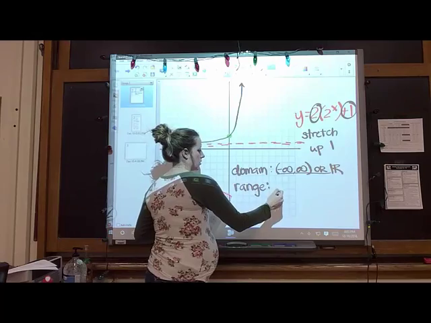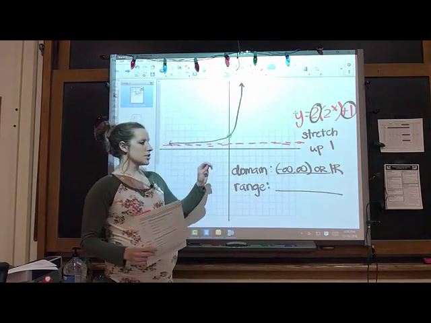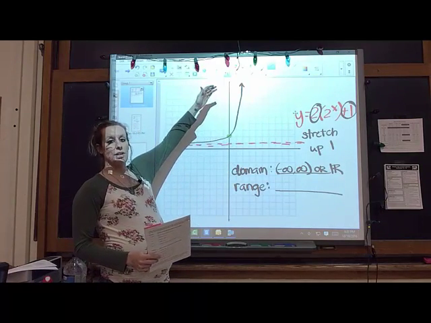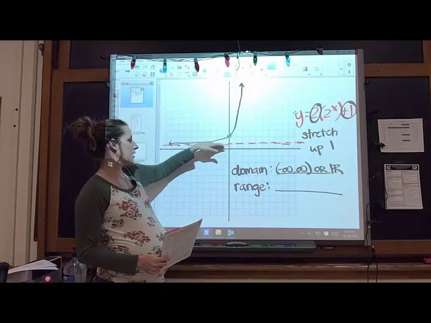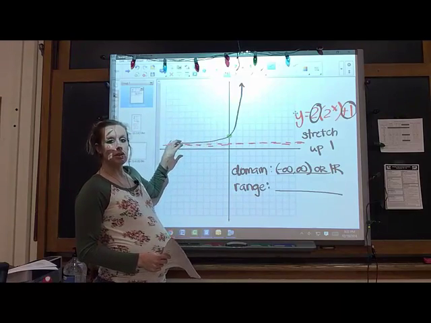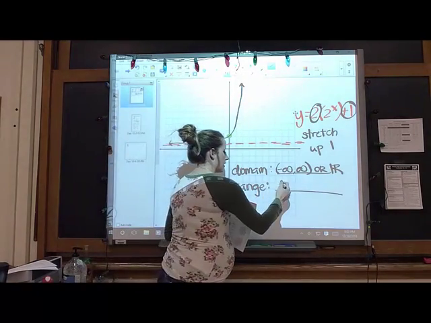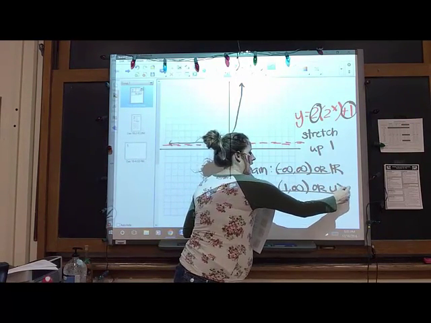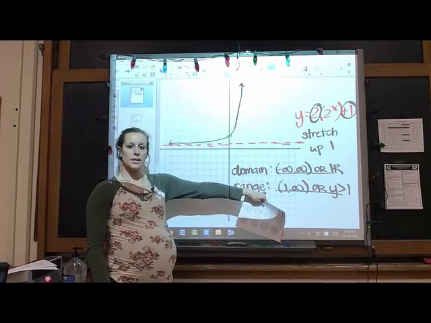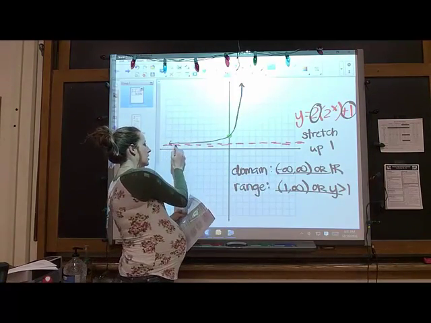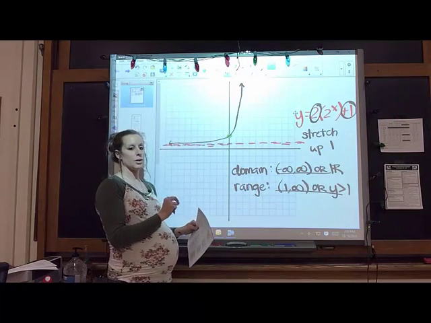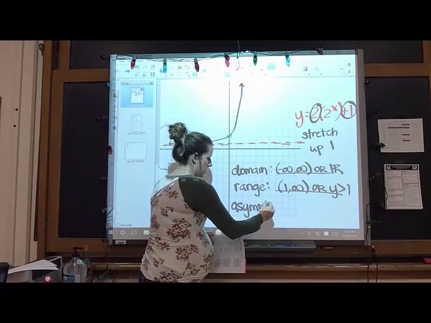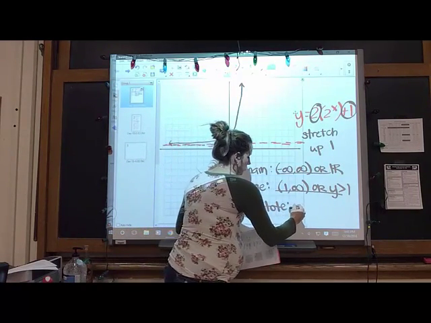Your range: now this time my range isn't going from 0 to infinity, it's going from 1 to infinity. My lowest point here is going to be 1. It gets really, really close to it and then goes up forever. Make sure that 1 has a parenthesis around it because it doesn't actually touch this asymptote. It just gets really close to it. And my asymptote is going to be y equals 1.